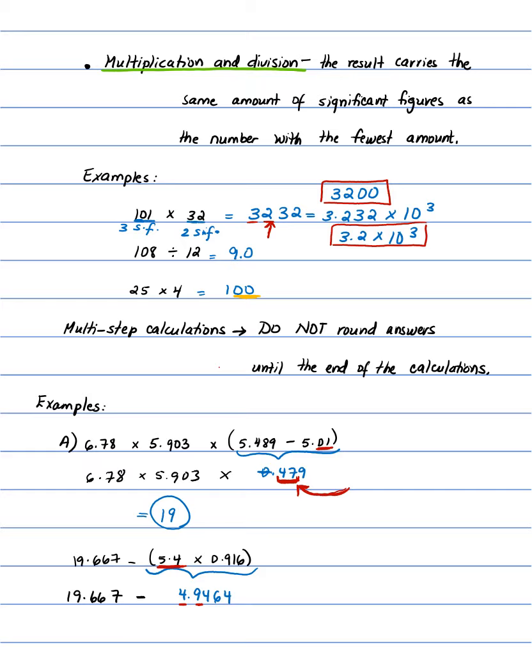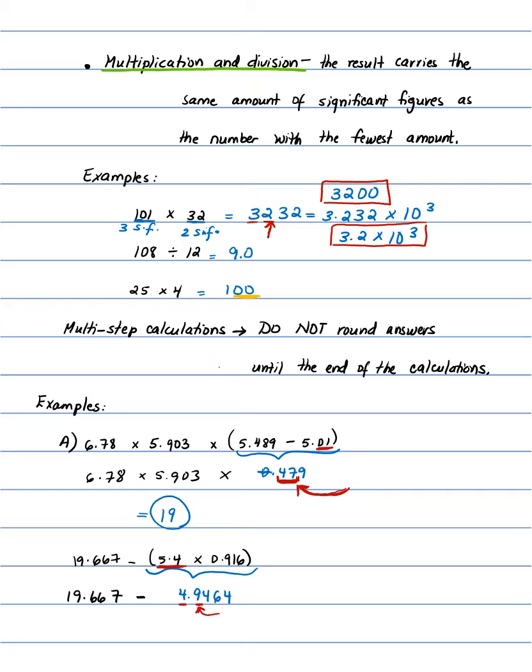All the other 3 decimal places are not significant. So when you're doing your subtraction here, your final number, you need to keep only 1 decimal place determined by this number right here.